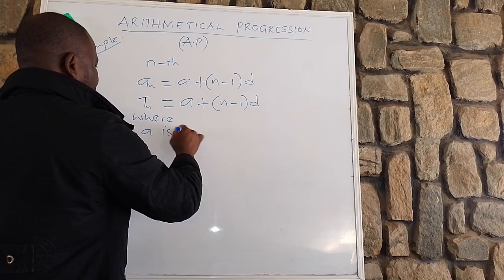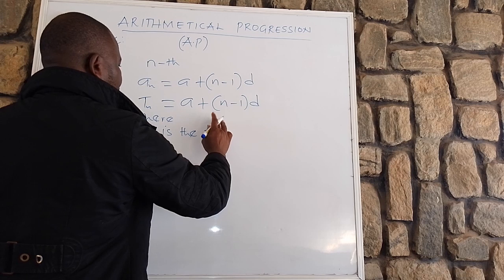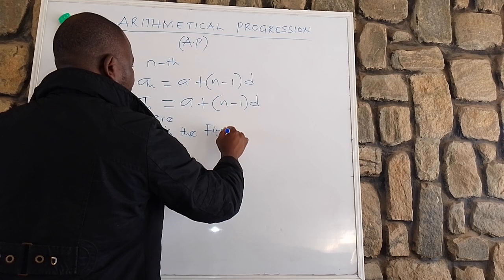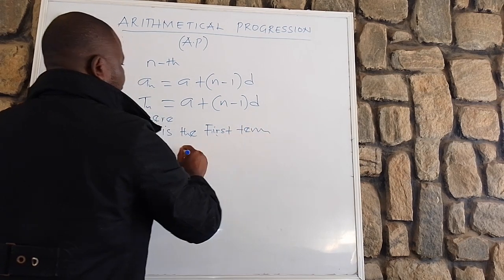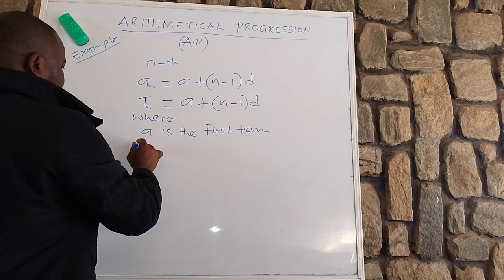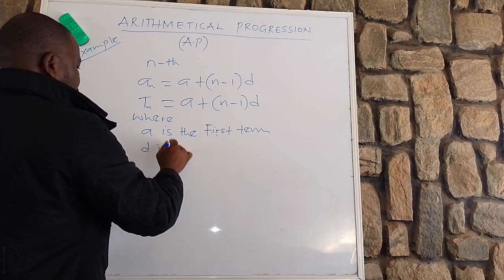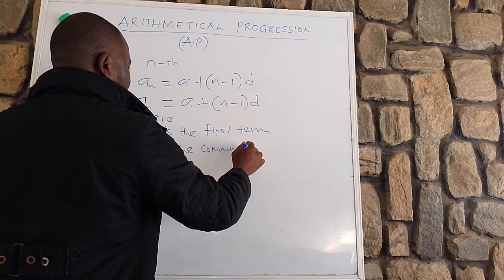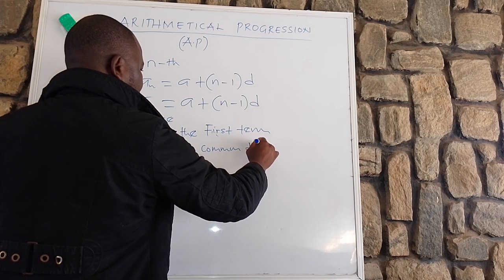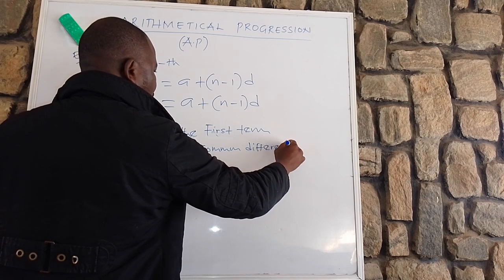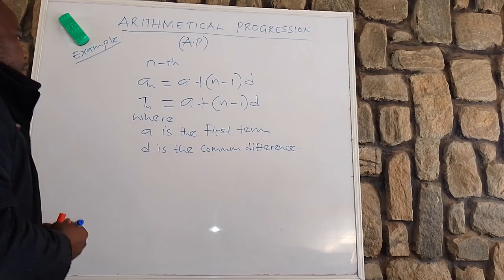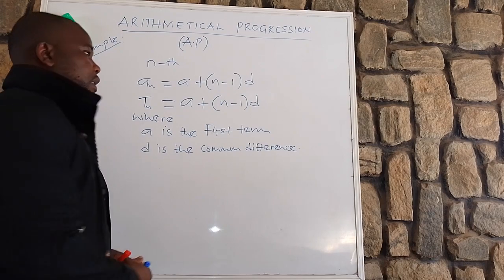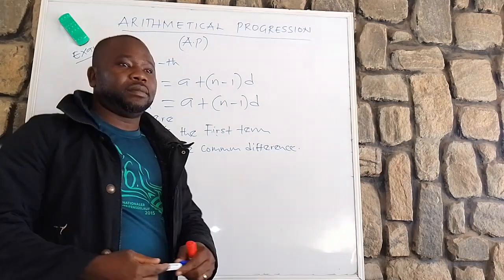So this implies that a is the first term. Take note: a is the first term, d is the common difference, and n is the term we're talking about.